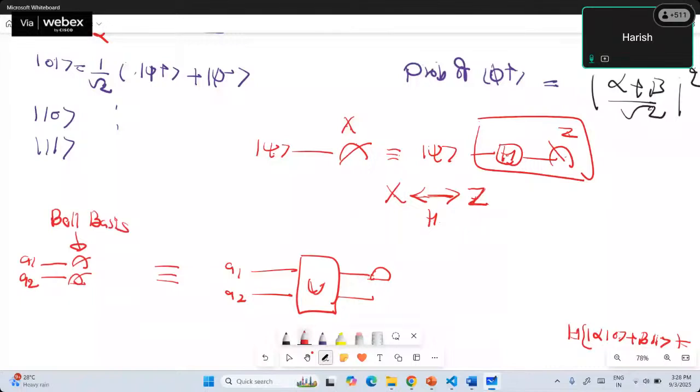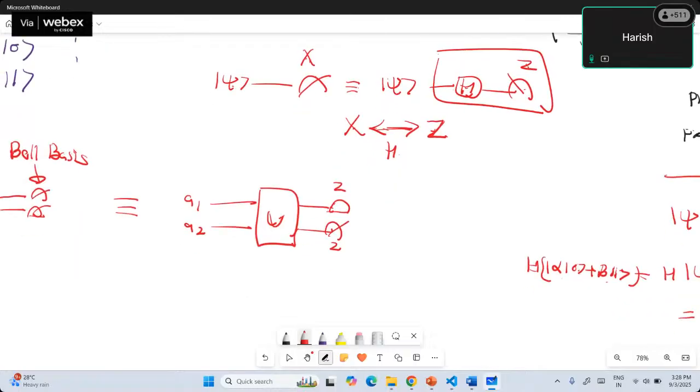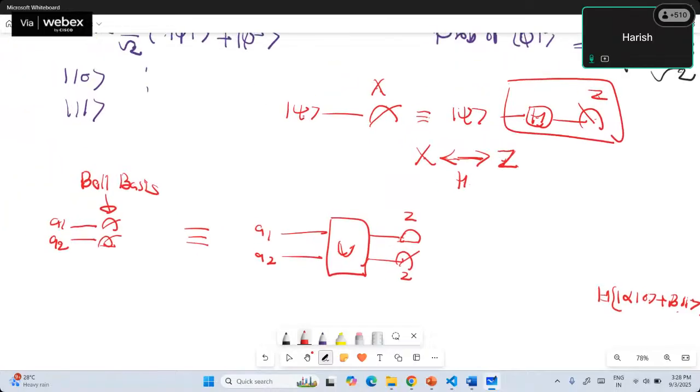So you need to perform some operation here and then measure in Z basis. Here the operation for Z to X was the Hadamard gate. For this you need to apply some unitary U so that the measurement in Z after the unitary is as good as Bell basis measurement.